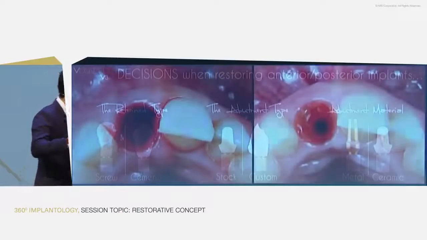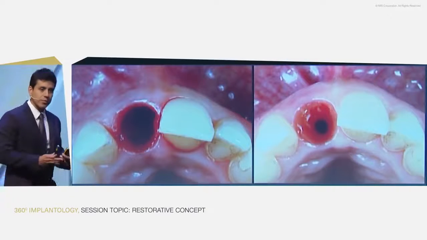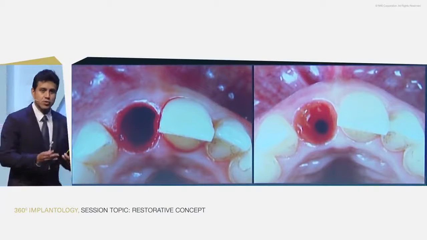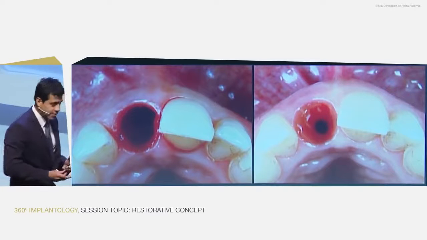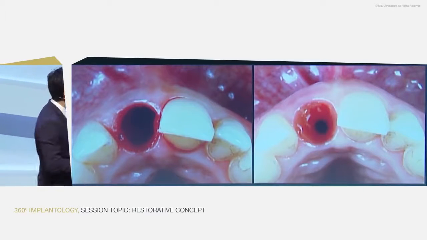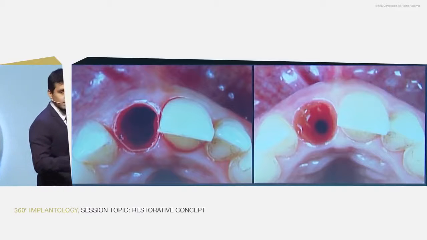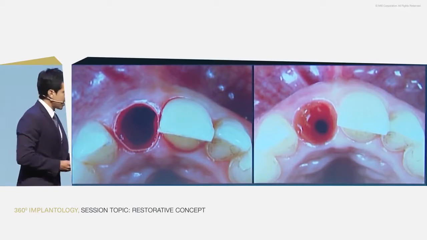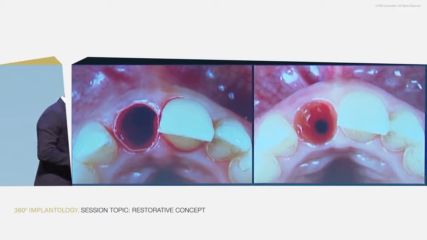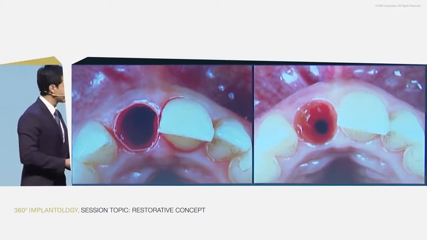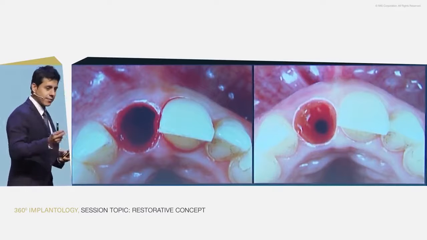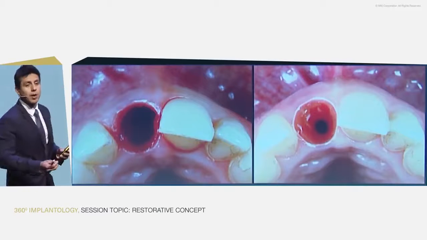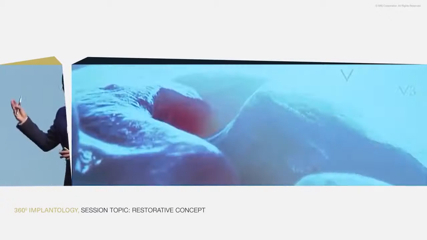But before you choose the type of restoration that you use, we have to achieve acceptable tissue surrounding your implant restorations. To provide this kind of tissue, we have to manage the tissue in the proper way. And to manage the tissue correctly, we have to take care of our provisional restorations.